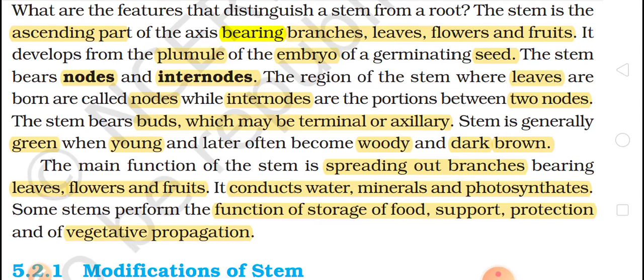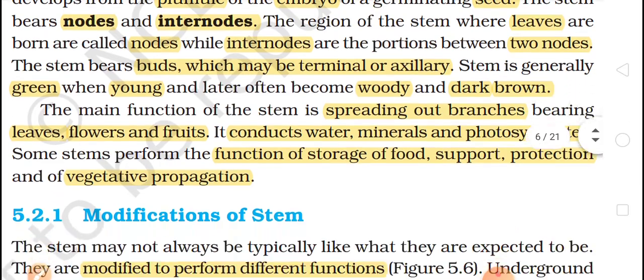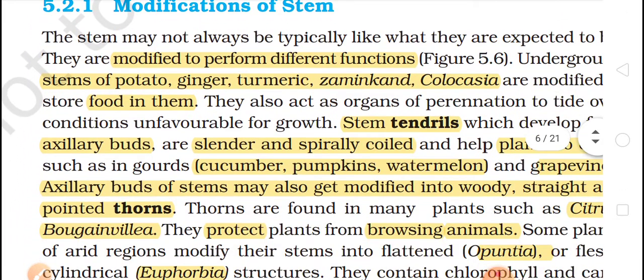They provide support, as we saw in tendrils, and defense, as in thorns like Bougainvillea. The modifications we have discussed are storage, tendrils and thorns.